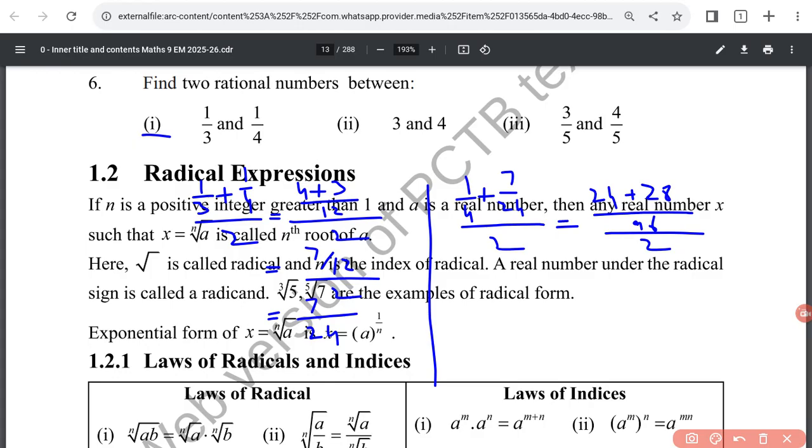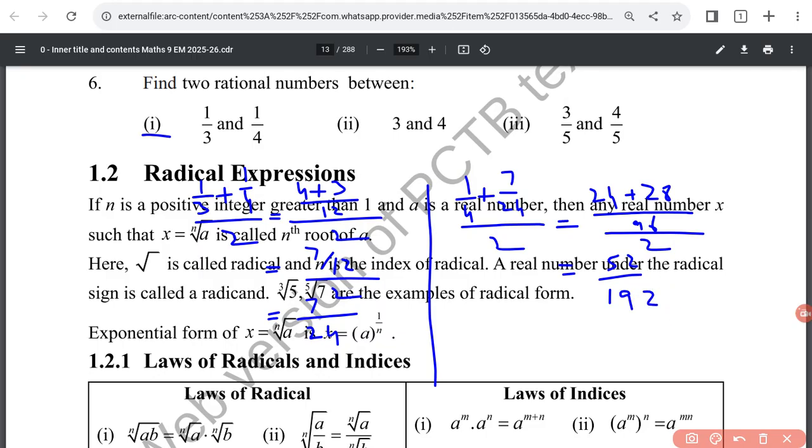So it will be 24 plus 28, that is 52, over 96 times 2 will be 192.